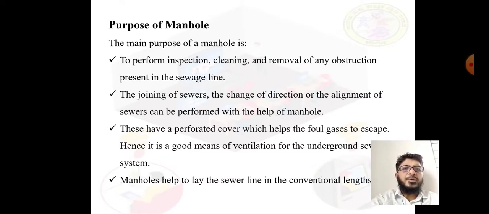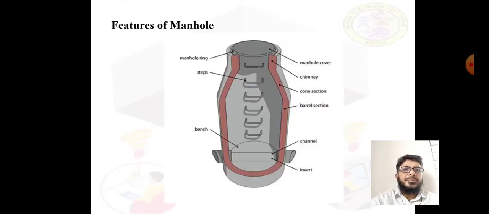These have a perforated cover which helps the foul gases to escape. Hence, it is a good means of ventilation for the underground sewerage system. A manhole helps to lay the sewer line in convenient lengths. These are the features of manhole.